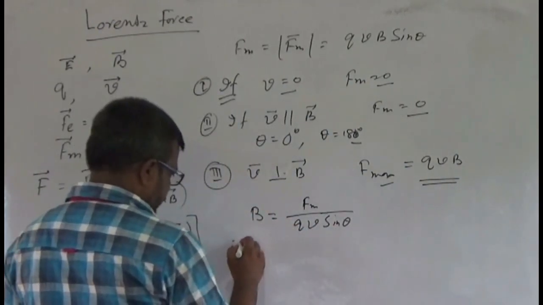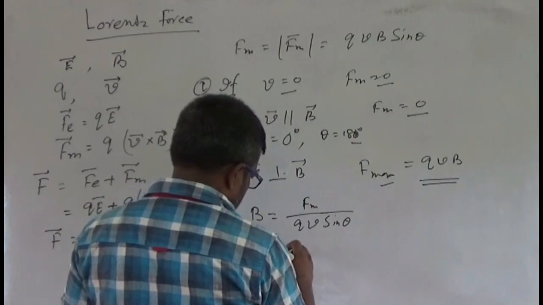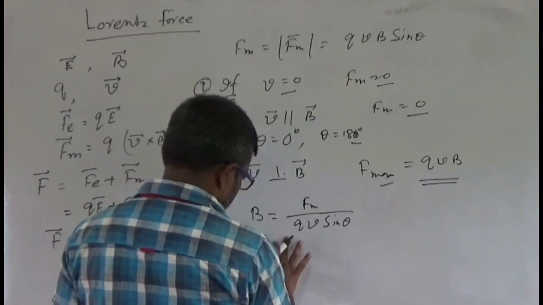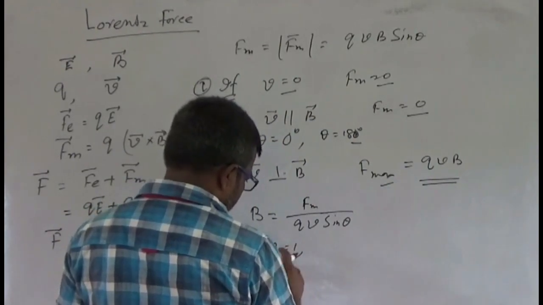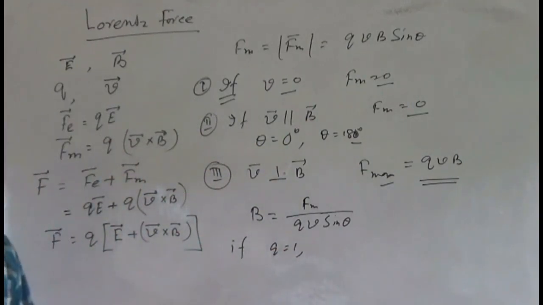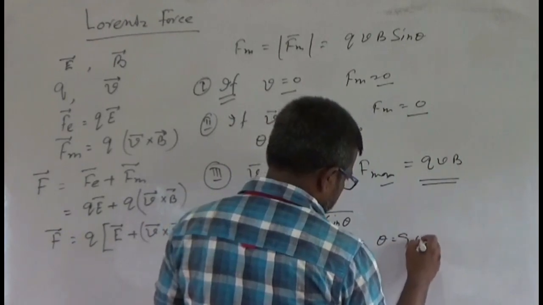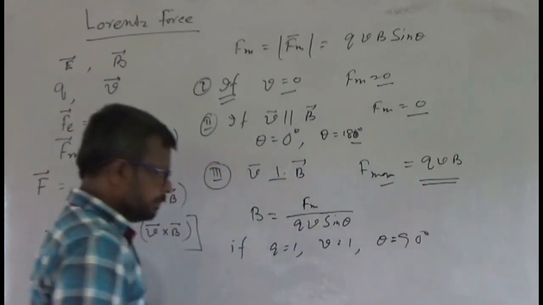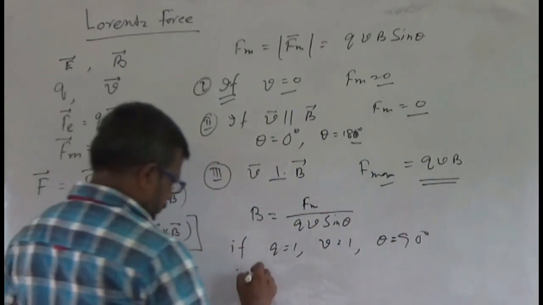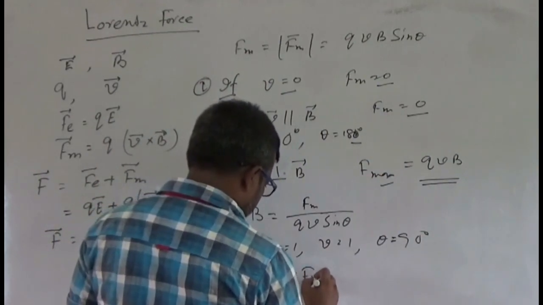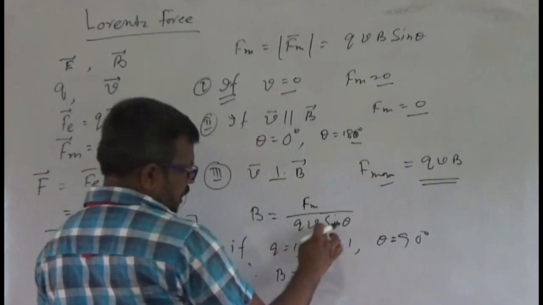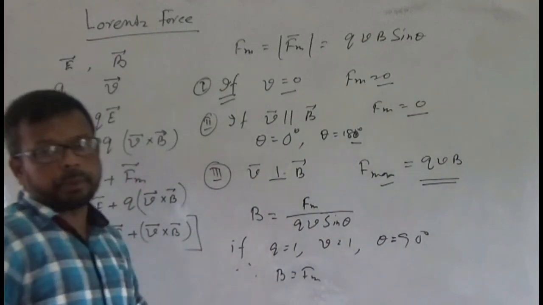Now if Q is equal to 1, V is equal to 1 and theta is equal to 90 degrees, then B is equal to Fm. Q is equal to 1, V is equal to 1, sin 90 is 1. That is, B is equal to Fm.